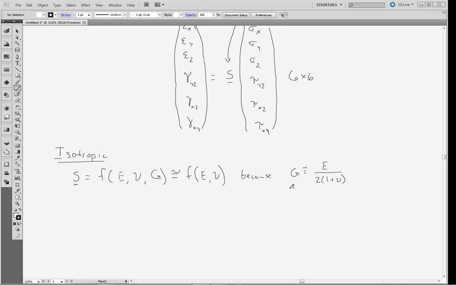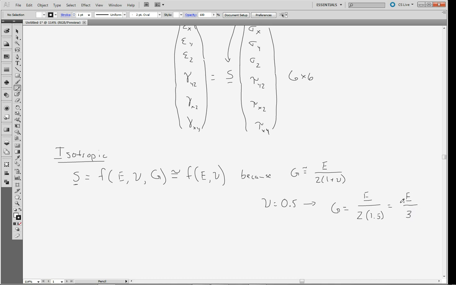It just so happens that in a lot of isotropic materials, the Poisson's ratio is roughly equal to 0.5, and so if we solve it out, we would get G equal to E over 2 times 1.5, sorry about that, which would basically be the elastic modulus over 3.